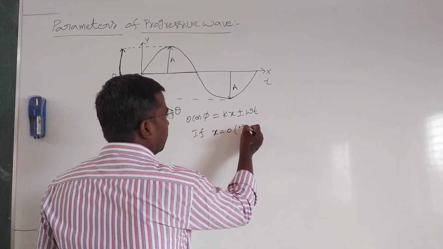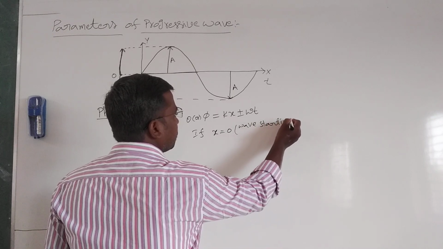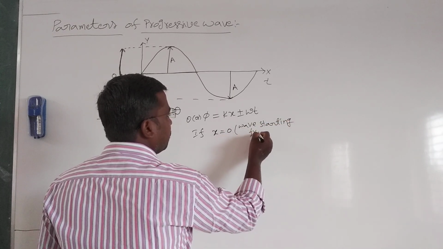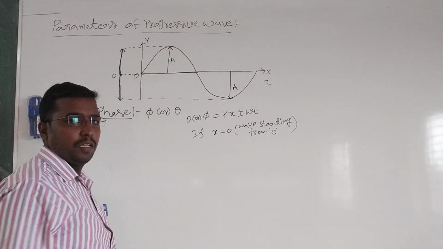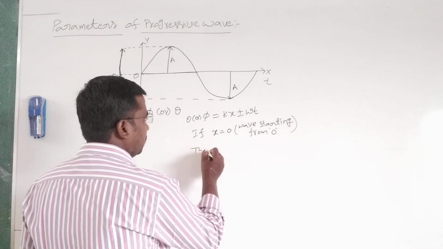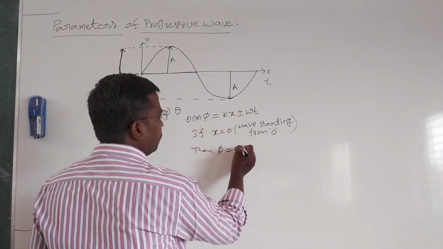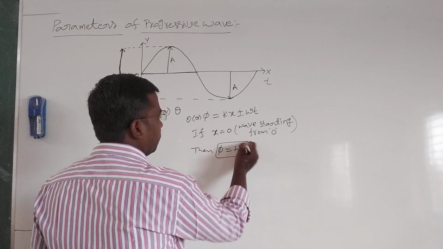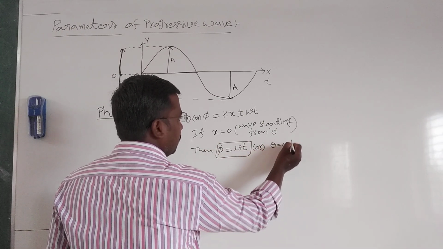Then the phase phi gives only omega t: phi equals omega t, or theta equals omega t.